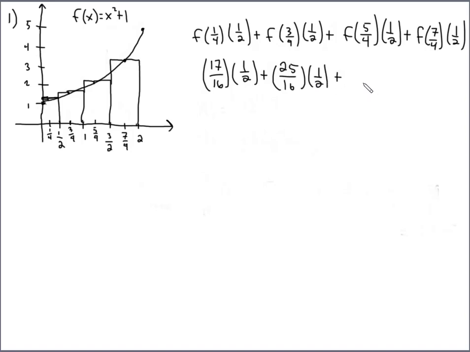And 41/16 times a half, and 65/16 and a half there. Okay, so multiplying all these by 1/2 and adding everything up, you get 37/8, or as a decimal, 4.625.